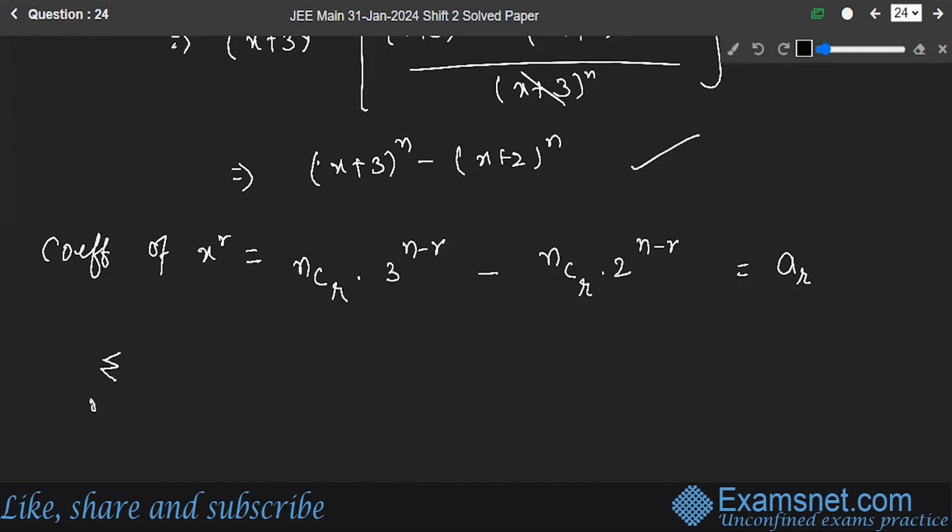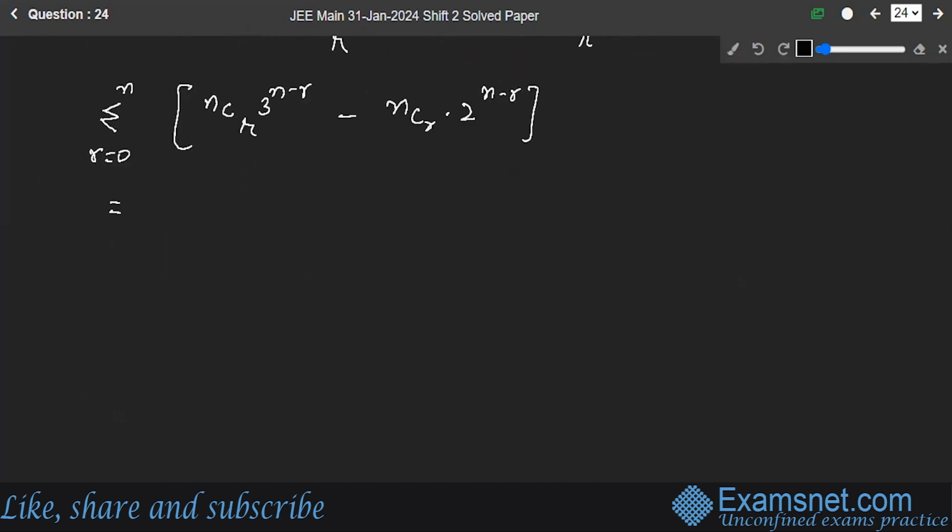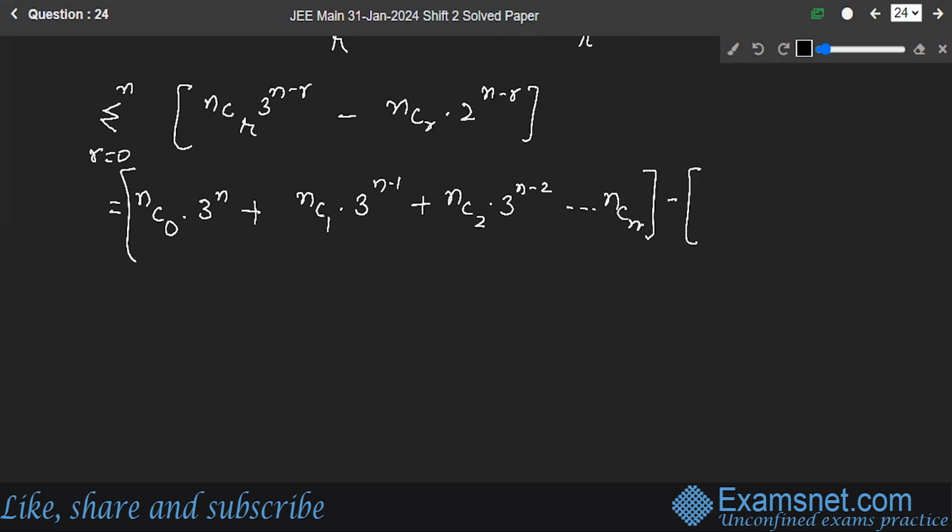So the summation r equal to 0 till n of a_r is given by nCr 3^(n-r) minus nCr 2^(n-r). This will be nC0 into 3^n plus nC1 into 3^(n-1), nC2 into 3^(n-2), and so on till nCn, minus nC0 into 2^n, nC1 into 2^(n-1), and so on till nCn.